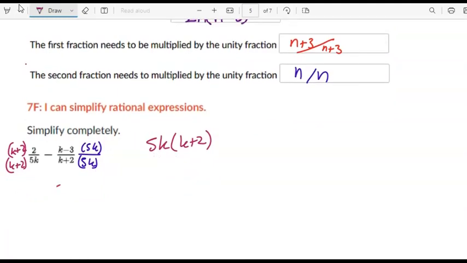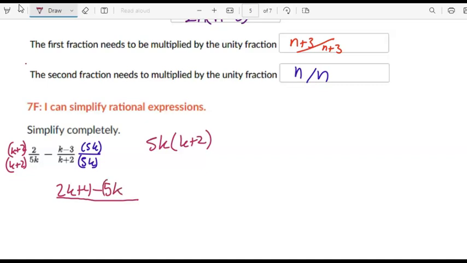We get 2k plus 4 and then minus 5k squared minus 15k. And that's all over 5k times k plus 2.